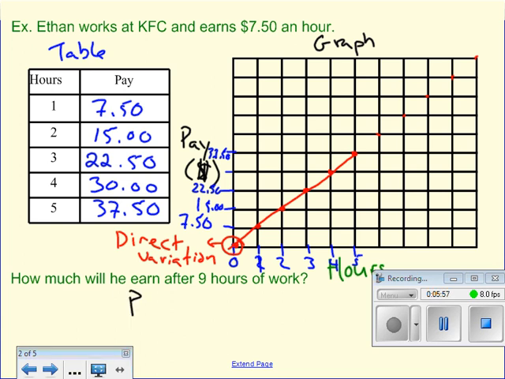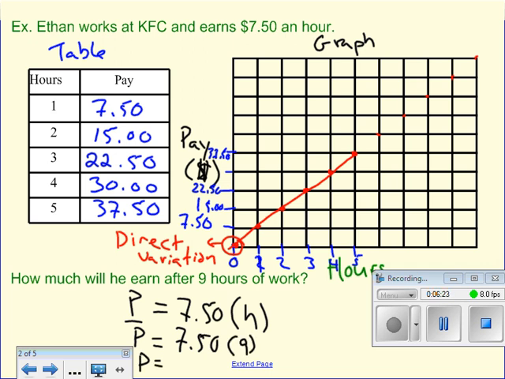So the pay, P, that Ethan earns will be equal to $7.50 for every hour H that he works. So P, if I want to know how much he's paid after 9 hours, I substitute 9 for H.